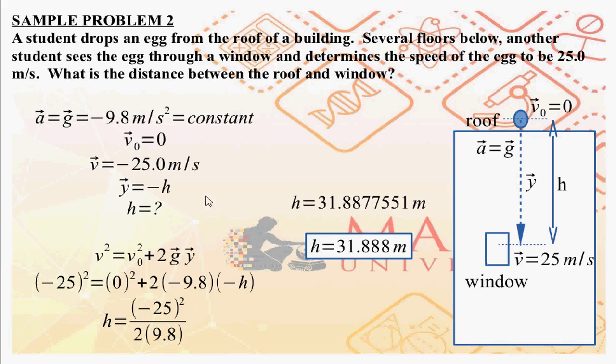If you look at the known values, we know v, we know v naught, we know g. The only unknown is y. Y is negative h. We are looking for h. So isolate h and you are able to calculate the height h to be 31.888 meters.